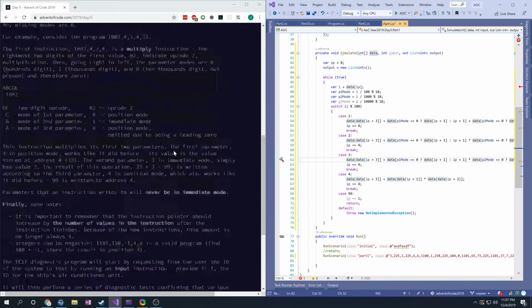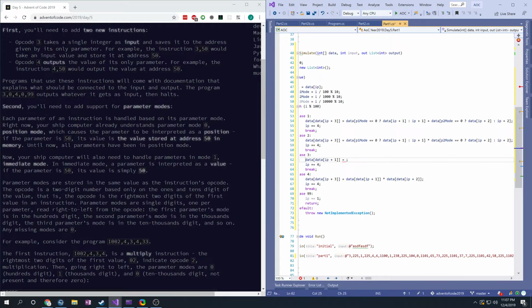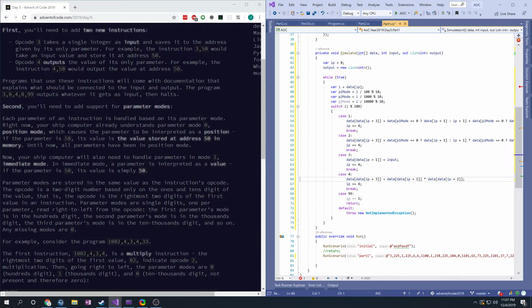Okay, so now I can go back to my instructions here. Its store instructions are always absolute, so we're always storing at the third parameter.